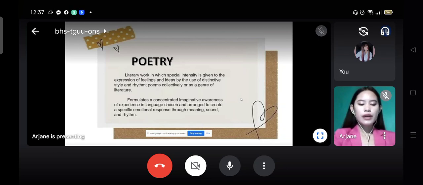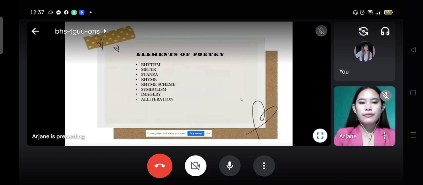If I'm not mistaken, Miss Santos already discussed the father of poetry, who is Geoffrey Chaucer. And then if drama has its elements, of course, poetry does too.